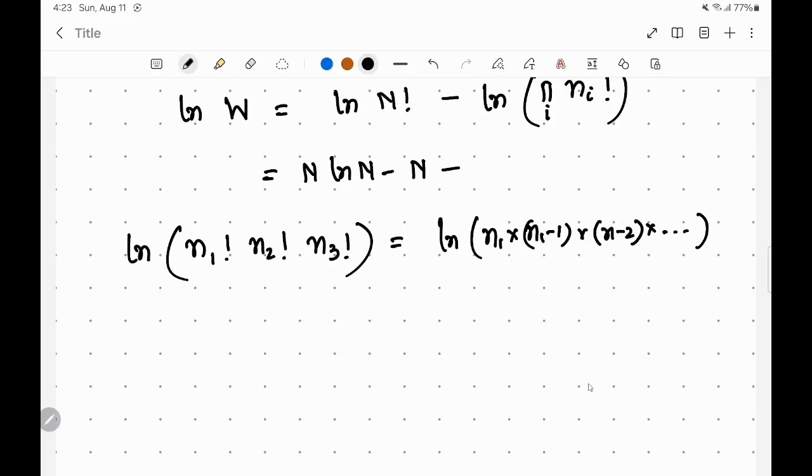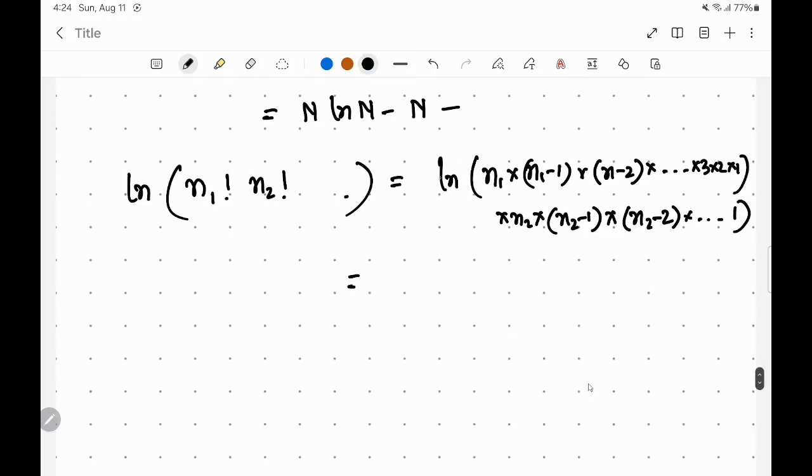Okay. Then it will be again n2 minus 1 up to 3 to 1. It will be n2 minus 1, n2 minus 2, again 3 to 1. Only two are there.